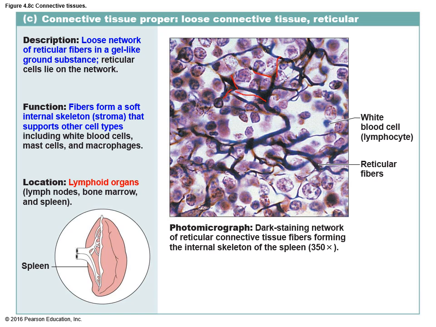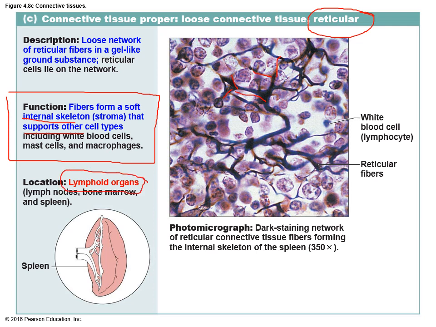They're simply embedded within the extracellular matrix. Now, because of the massive amount of reticular fibers and the name reticular tissue, when we look at the function, we're going to notice that it is forming a soft internal skeleton, can be used for support, and one of the main locations where we can find it will be our lymphoid organs.